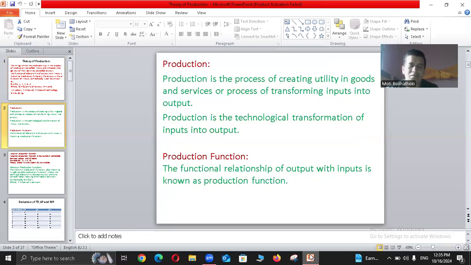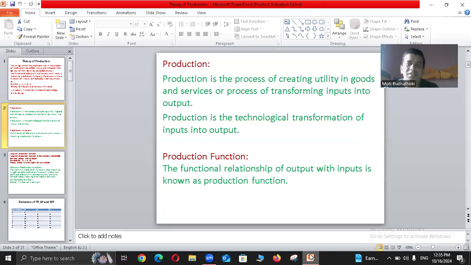Now, next, what is production? Production is the process of creating utility in goods and services, or the process of transforming inputs into output. Production means the process of creating utility in something. If we create utility in a useless thing, that is called production.